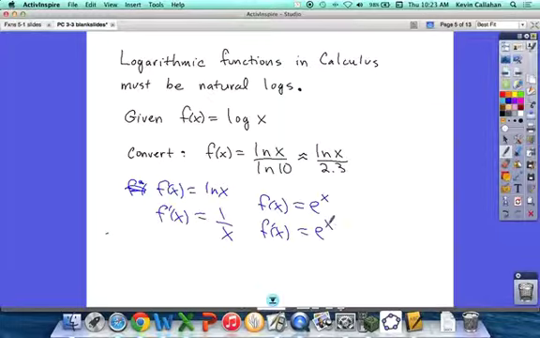And now you've changed it to the kind of function that you can deal with in calculus, and you will do that. You'll use the change of base formula to change other logarithms to ln, because in the end, that's just a constant. Dividing by a constant is not really part of the process of finding derivatives or integrals. You just take the constant out and put it back at the end. So we need change of base formulas at the very least for that.